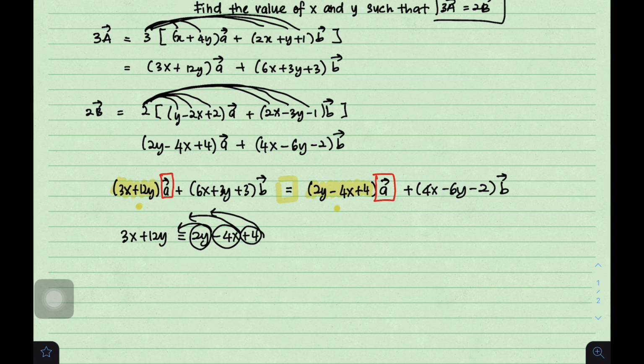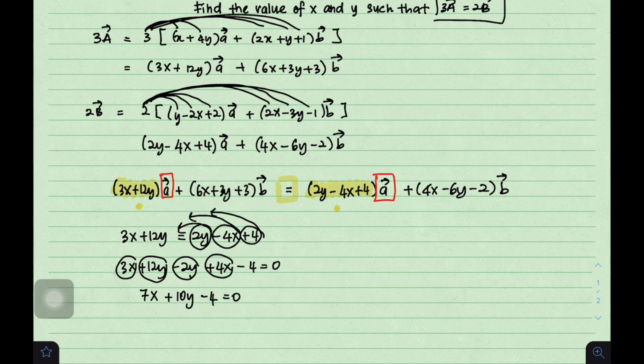So apa yang awak akan dapat adalah 3x tambah 12y, sini positif, pindah sebelah jadi negatif 2y, negatif pindah sebelah jadi positif 4x, positif pindah sebelah jadi negatif 4 is equal to 0. Okay, so 3x can be add with the 4x, so you have 7x here. 12y minus 2y, so you have plus 10y minus 4 equal to 0. This one is the first one.